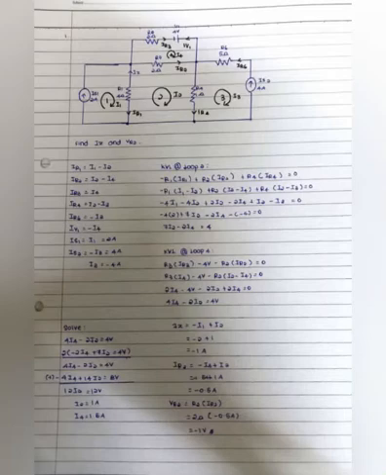So R3 multiply IR3 minus 4V, because it was already given to us, 4V minus R2 multiply I2 minus I4 is equal to 0. And then we can put in the numbers: 2I4 minus 4V minus 2I2 plus 2I4 is equal to 0. So 4I4 minus 2I2 is equal to 4V.